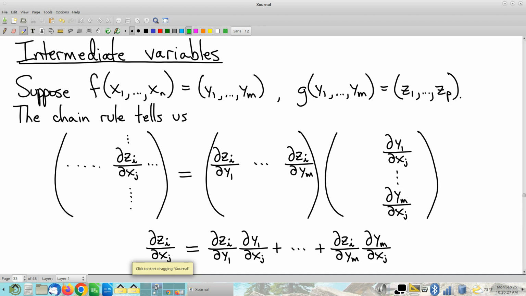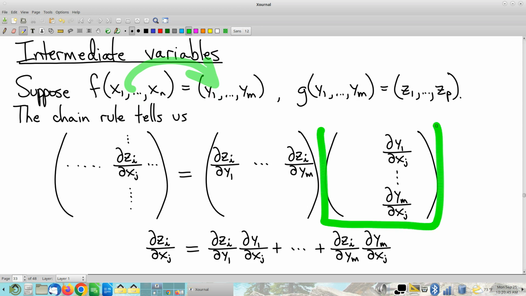Okay, so here's where we were last time. We were talking about this idea called intermediate variables, which I hadn't really quite gotten to yet, but we started off in that direction. So reminder, we've got a function f that turns the x variables into the y variables. So the x's are the inputs, the y's are the outputs. And here's its Jacobian matrix, derivative matrix right there, right?